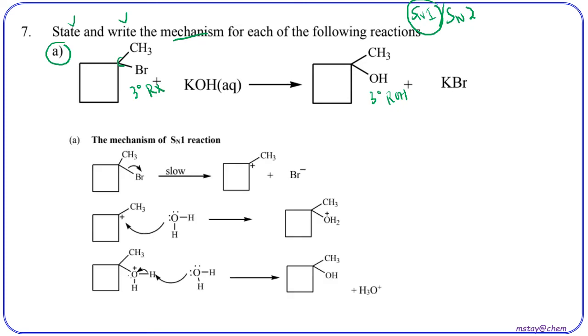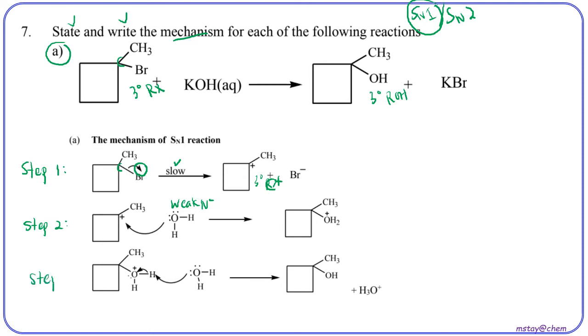Now we need to look at the working steps for the mechanism. Step number 1: the bond between carbon and bromine will break heterolytically in a slow step, then produce a tertiary carbocation. Then the water, which is the weak nucleophile, will attack the carbocation and form the OH2+. This is step 2, attack of nucleophile on carbocation.